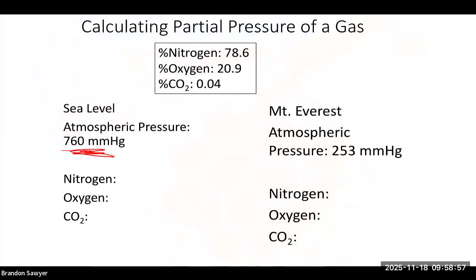The way you calculate this is you take your total atmospheric pressure, multiply it by the decimal version of these numbers, which just means we move the decimal place to the left with each of these, right? And then you should be able to add those three partial pressures back up, and you should get 760 if you did it right. Okay, so just try that briefly, and then we'll talk about why this matters in a sec.